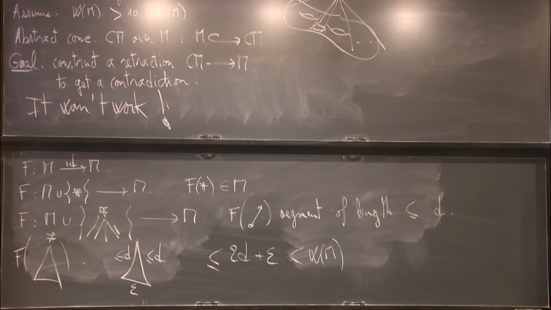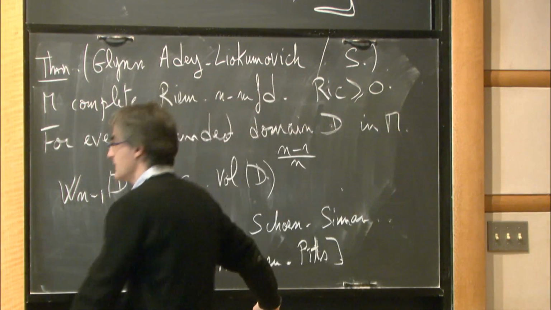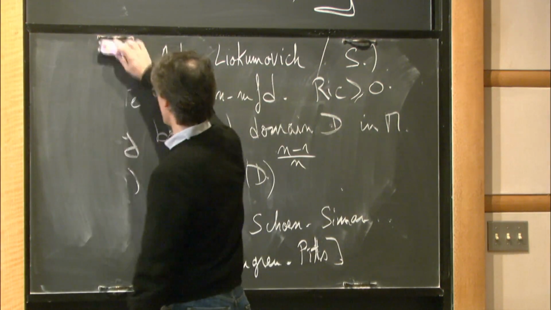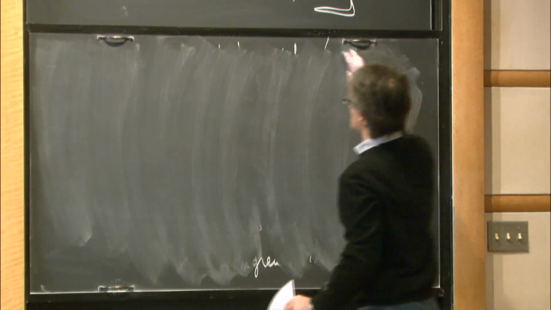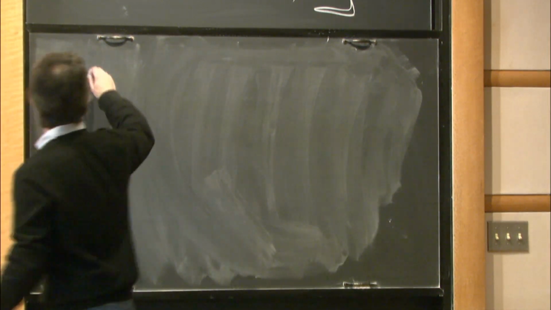All right. So now you apply the curve shortening flow to those triangles. You have 2 cases.